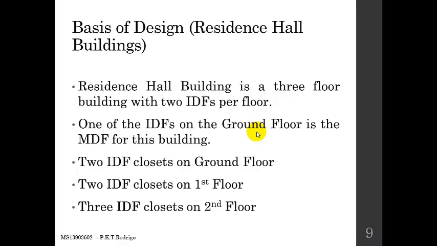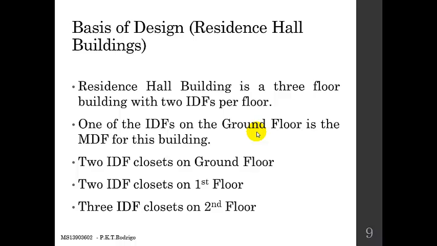This building is also a 3-story residence hall building. So we have decided to have 1 IDF per floor according to the requirement, and we propose to have 1 IDF on the ground floor which acts as the MDF for the whole building, and this building is also connected to the core network according to the plan.